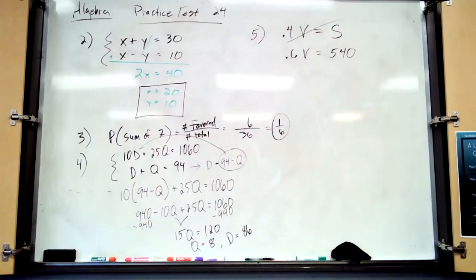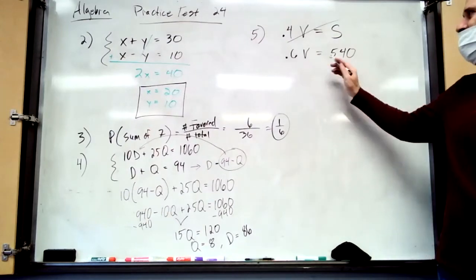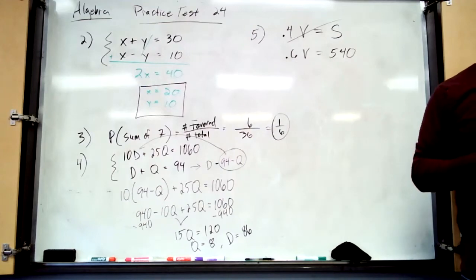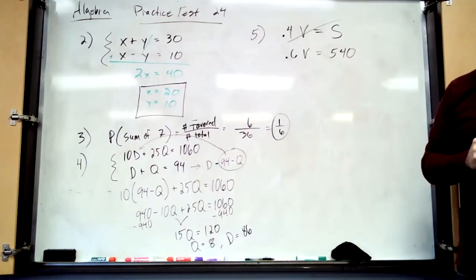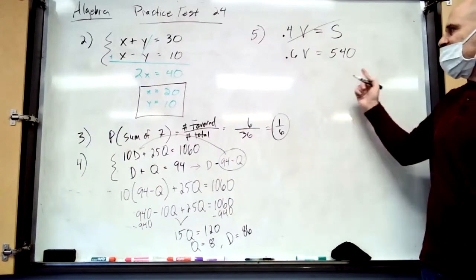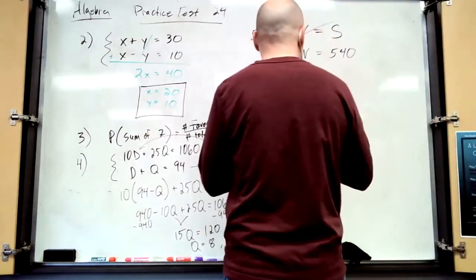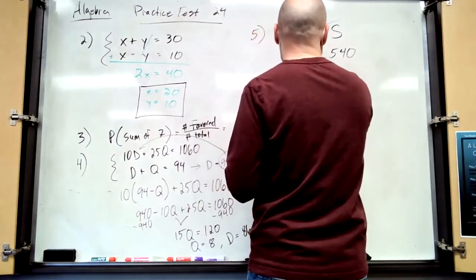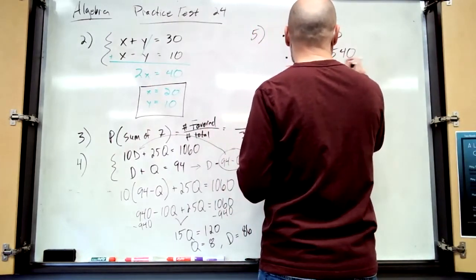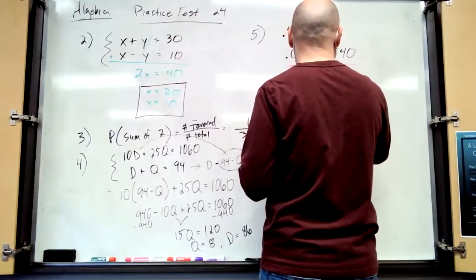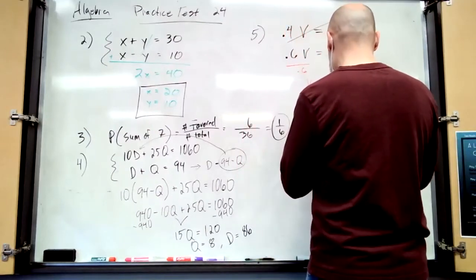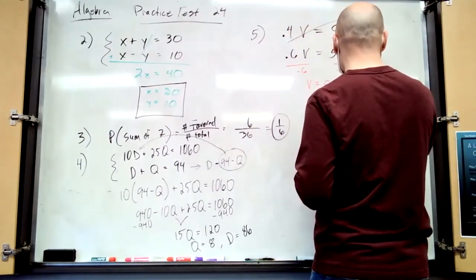So 60% of the voters chose the other, because it tells us what the other guys were. 540. That's how many votes the other candidates got. So now we just divide by 0.6. And we get 900. So 900 voters total.